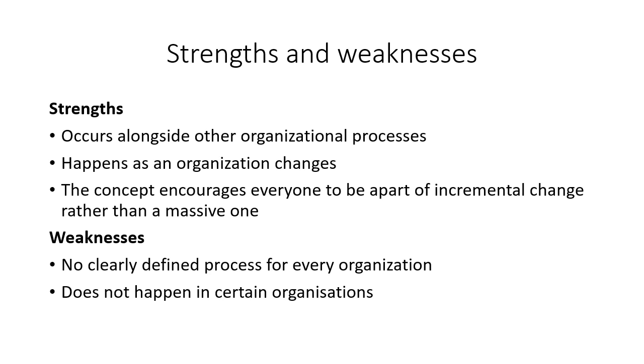So it's impossible to put CPI into a set of static steps because every organization will have different ways to improve their processes, products, services, etc., depending on what market they're in and what they're trying to provide and achieve. And then the second weakness is it does not happen in certain organizations. This will make more sense when the examples come.